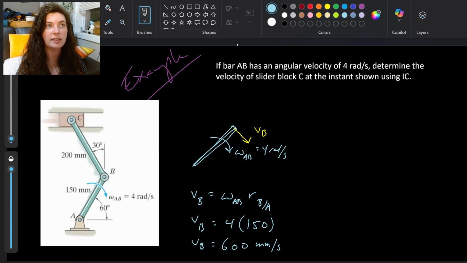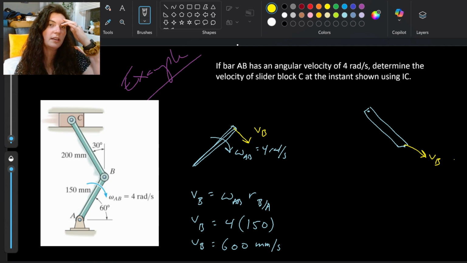And so that's really nice, because what we can do is we've got that member CB here, where VB is going to be the exact same. VB is still in this exact same direction, exact same magnitude.